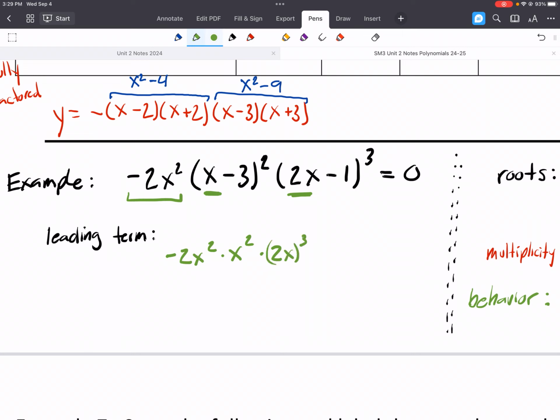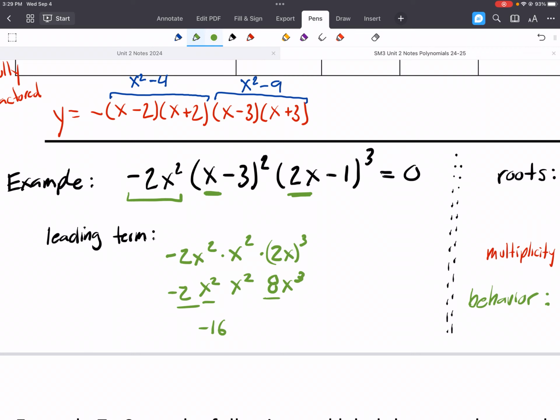Sometimes people will forget to put the parentheses. It's important that we are cubing the 2 and the x, so that would be 8x to the third. Now we can multiply and simplify. Negative 2 times 8 would give us negative 16, and then x squared times x squared times x to the third.